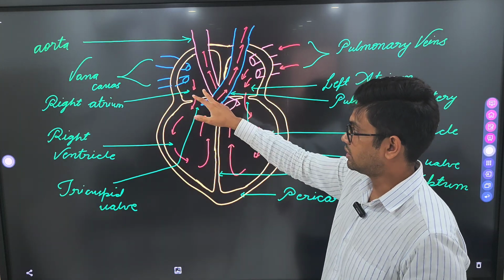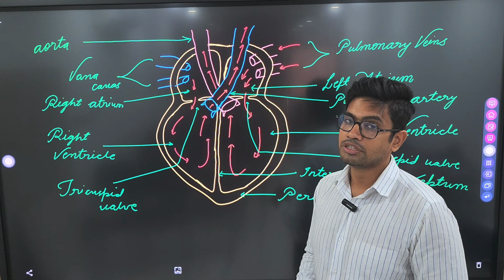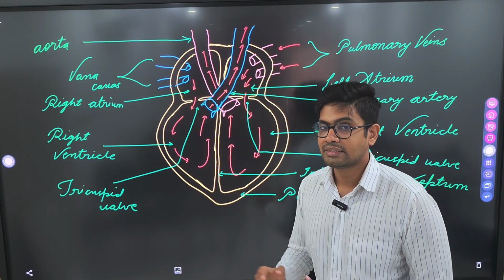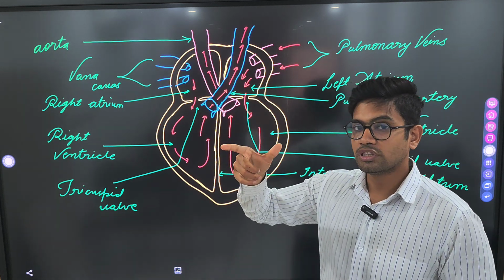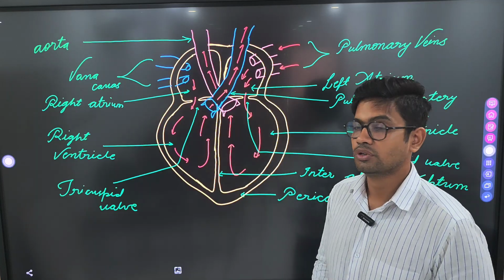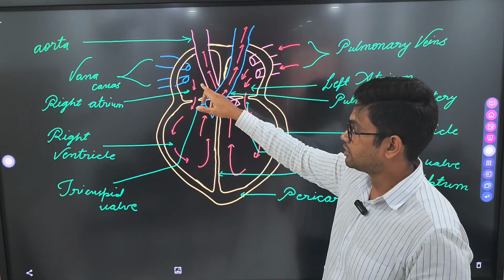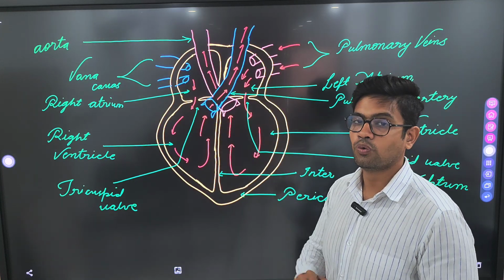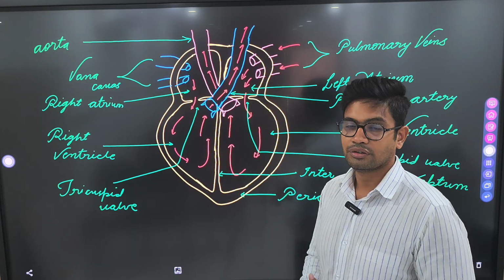When the right atrium is filled with blood, the sinoatrial node generates action potentials and both the atria undergo contraction. Now, when this happens, the blood is pumped through the tricuspid valve to the right ventricle.